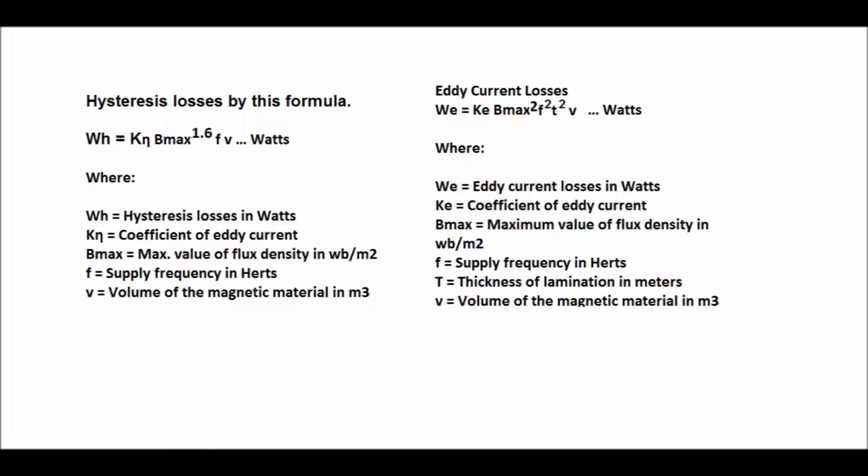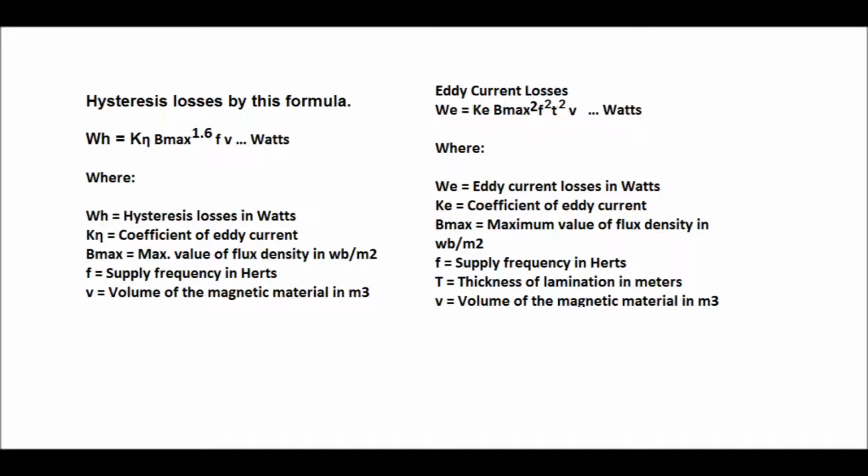And eddy current loss is given by WE is equal to Ke into B max square into frequency square into T square into V, where Ke is the coefficient of eddy current loss, B max is the maximum value of the flux density in the core in Weber per meter square, F is the supply frequency in Hertz, T is the thickness of lamination in meters, and V is the volume of the magnetic material in meter cube.